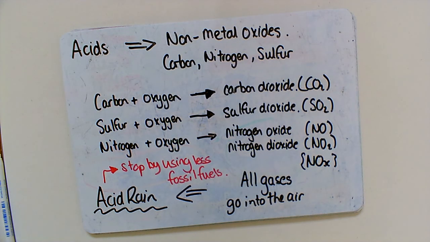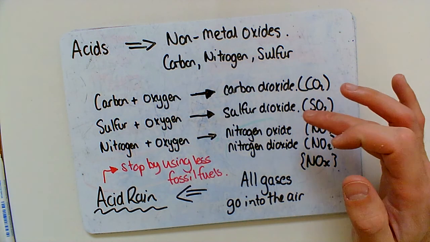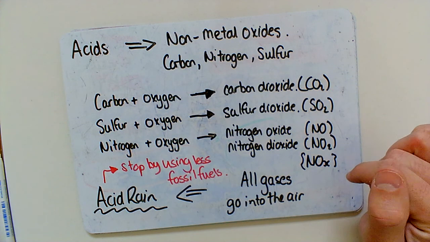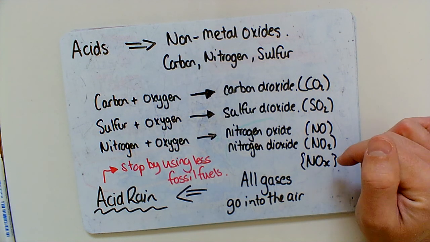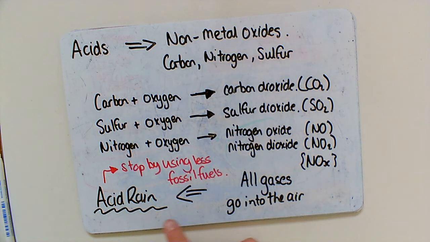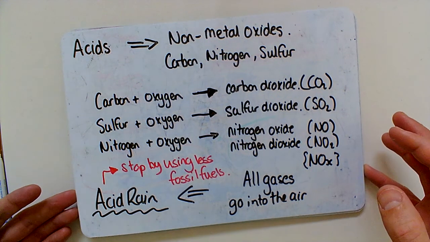Non-metal oxides, things like carbon, nitrogen and sulfur, things from the right-hand side of the periodic table, they produce gases, things like carbon dioxide, sulfur dioxide, nitrogen oxide and dioxide. These gases dissolve to produce acids, which can cause acid rain. And we can stop acid rain by using less fossil fuels.